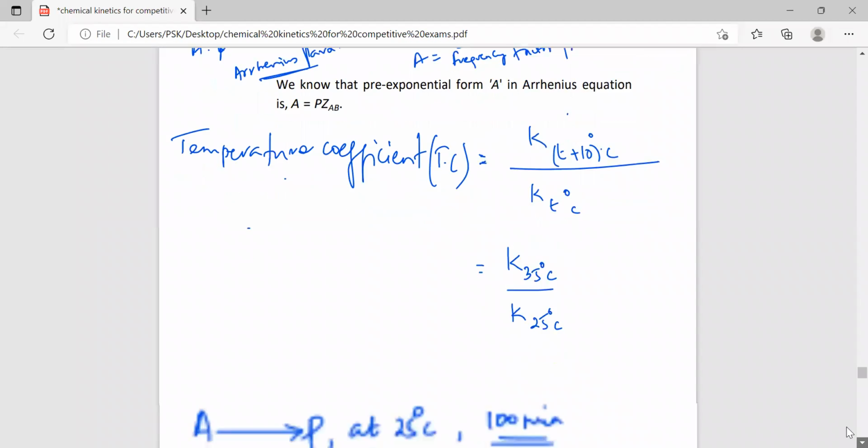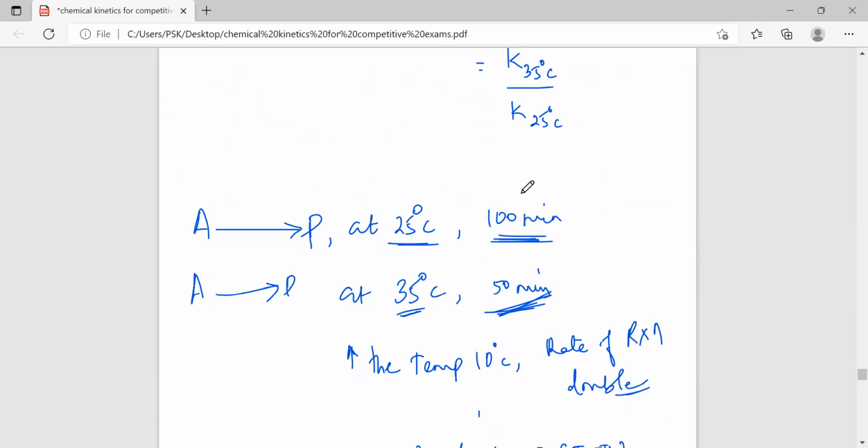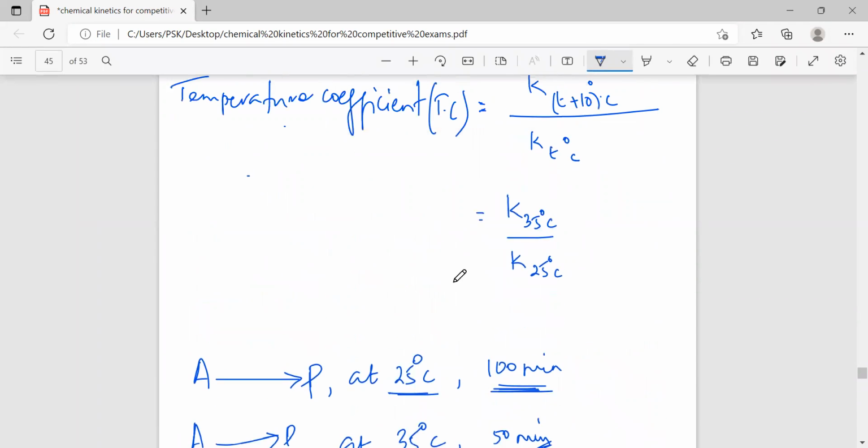We took the example here, 25 and 35, remember. So the temperature coefficient is defined as the ratio of the rate constant of a reaction at a particular temperature to the rate constant of the same reaction 10 degrees lower.